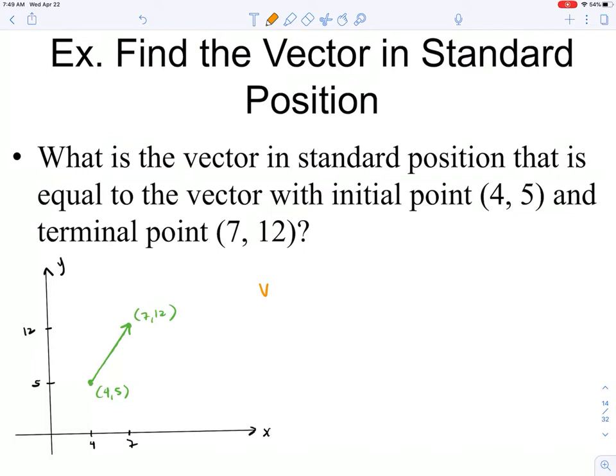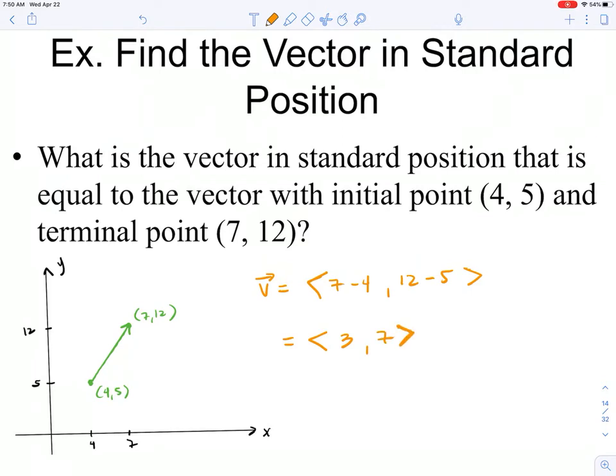So to find the vector in standard position, I'm going to name this vector v. Vector v in standard position can be found, so the horizontal and vertical components can be found from subtracting 4 from the x coordinate of the terminal point and then subtracting 5 from the y coordinate of the terminating point.